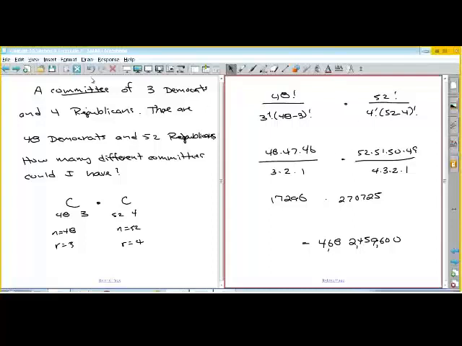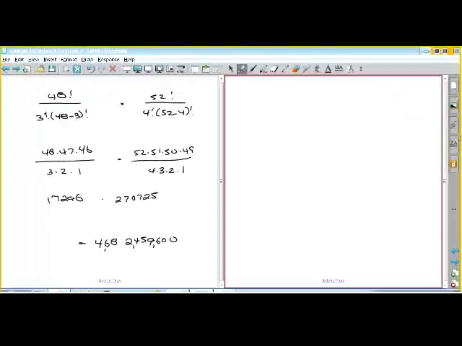So now I'm going to ask you a similar question. It's the same problem, I'm just going to change the wording slightly. We're going to have 37 Democrats, and we're going to put 3 on a committee, and we're going to have 63 Republicans, and we'll have an 8-member committee, so we'll put 5 on the committee.